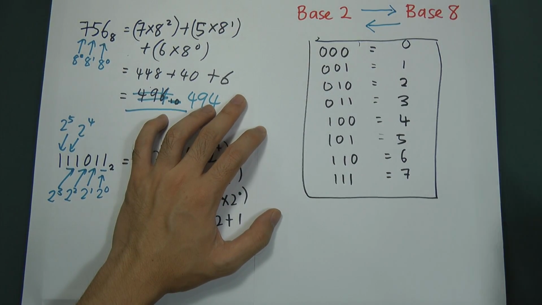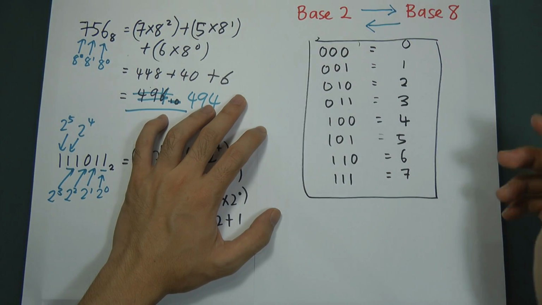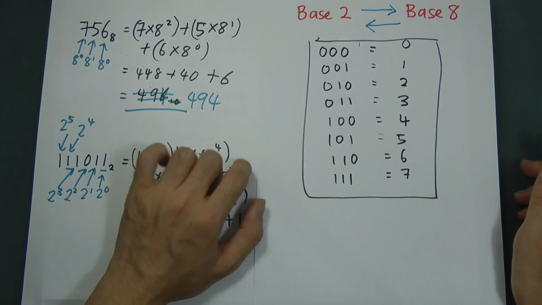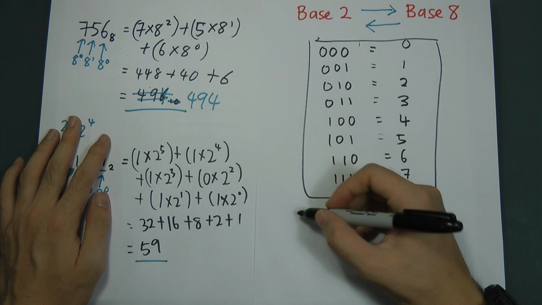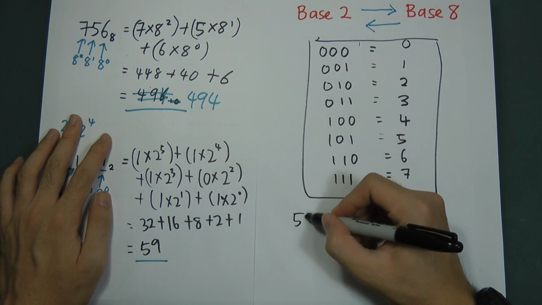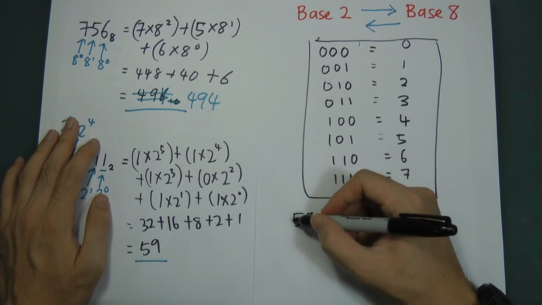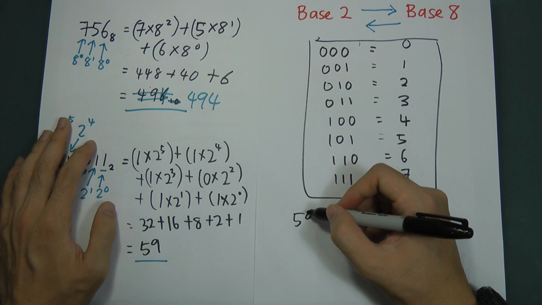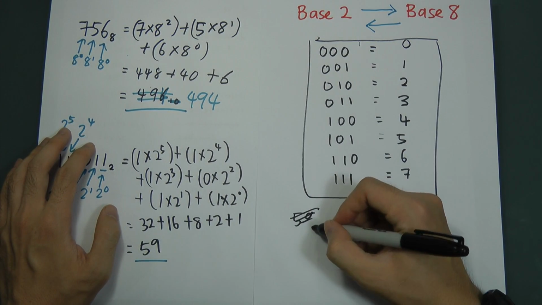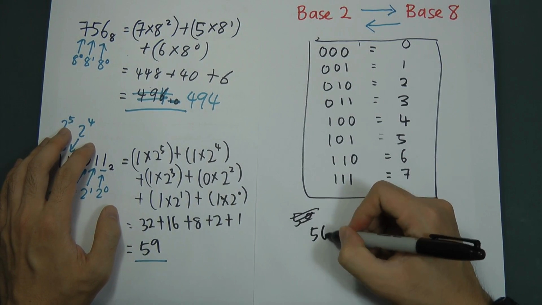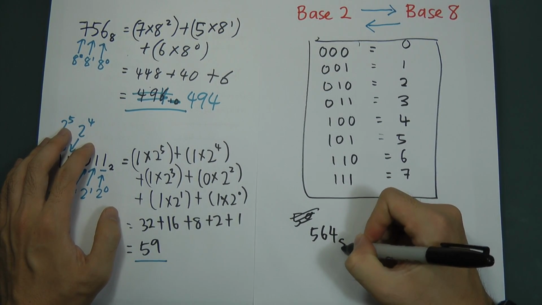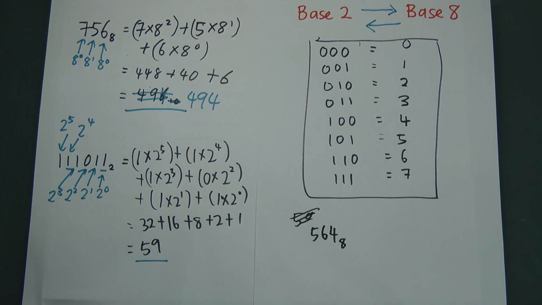This is the so-called relationship. This relationship is very important when you want to convert faster. Let's say I give some other number. Let's say I have 564 in base 8. I want to change to base 2.